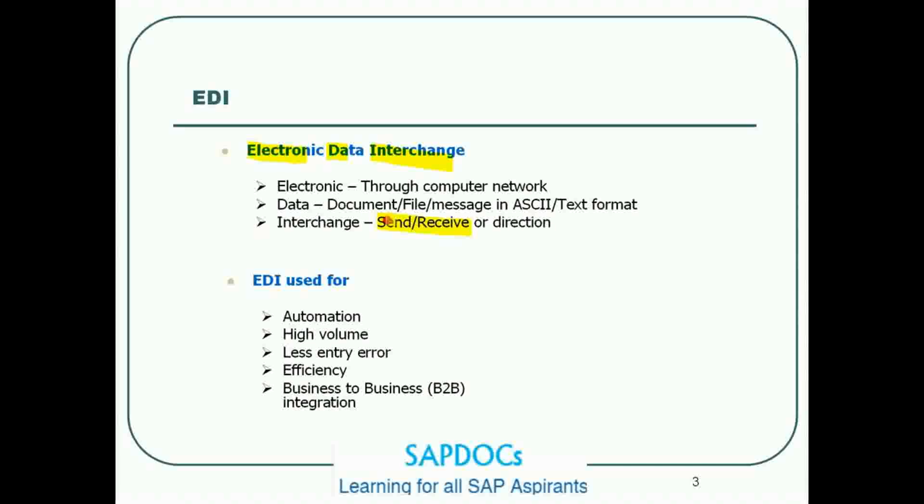Obviously, the question comes: what is EDI used for? It is mainly used for automation, because data is sent through a computer network, and this is an automation tool. It's used in very high volume data exchange, and due to computer involvement, there are very few data entry errors, which gives very high efficiency in business-to-business integration.